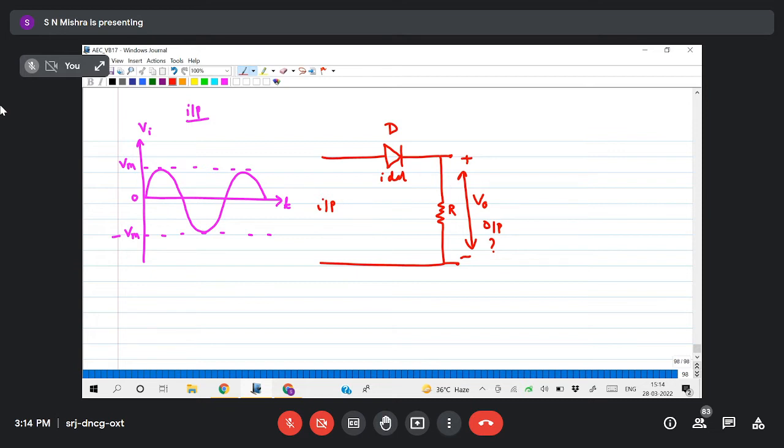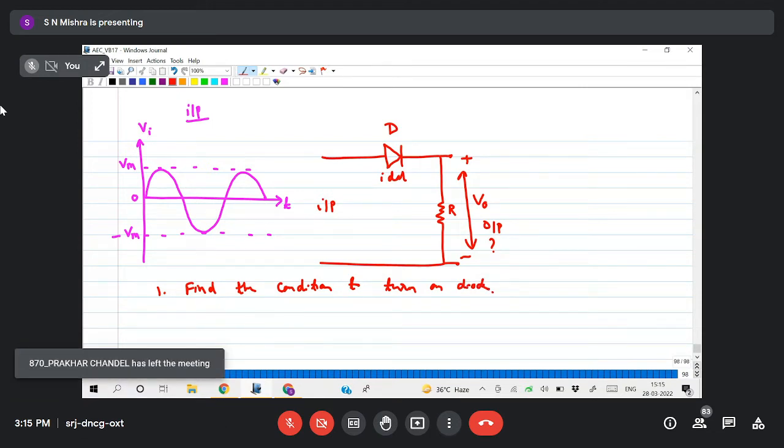There are different steps, means how to proceed with this problem. First step is find the condition to turn on the diode. First you have to find the condition: at what condition the diode is on, at what condition the diode is off.